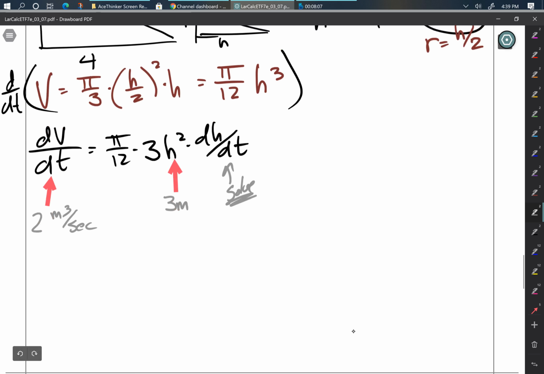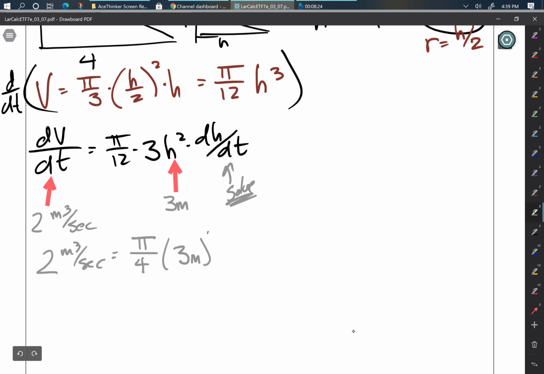Okay? So plugging in everything where it goes, I get 2 cubic meters per second is equal to, let's see, that pi over 12 is going to turn into what? Pi over 4 times 3 meters squared times dH/dt.